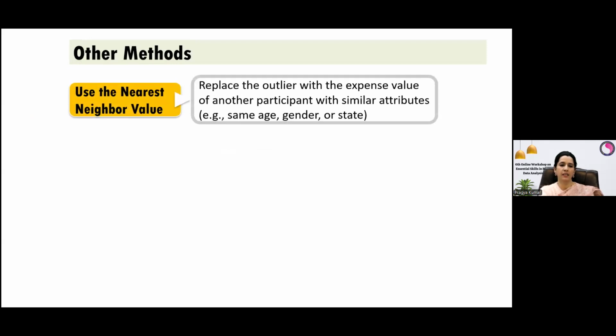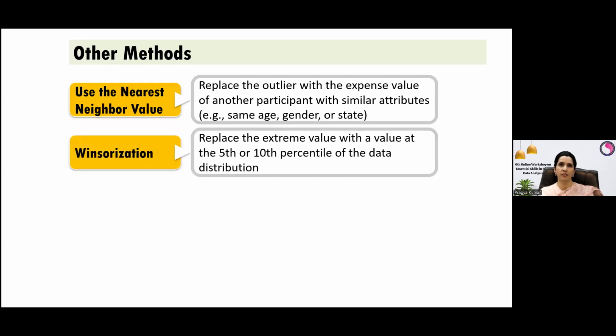There are other methods like using the nearest neighbor value. You can use another participant whose age, gender and state are the same, and put that value here. Or there is another method known as winsorization. This generally we don't practice, but it was given in the book, so we are telling this: you can use the 5th or 10th percentile value and replace with that.